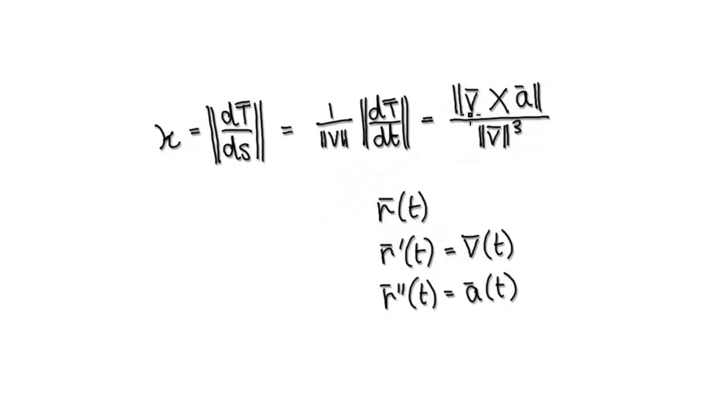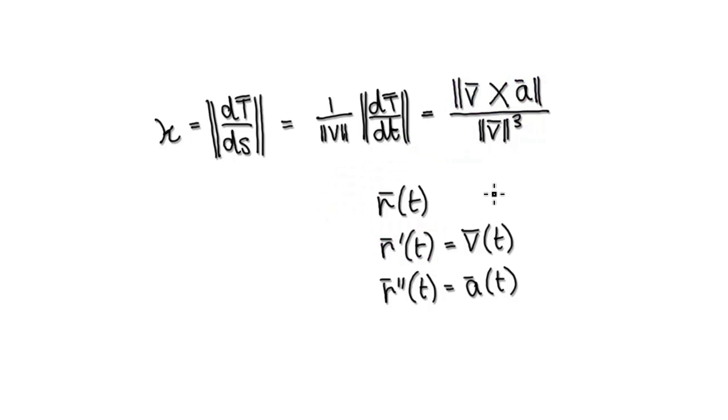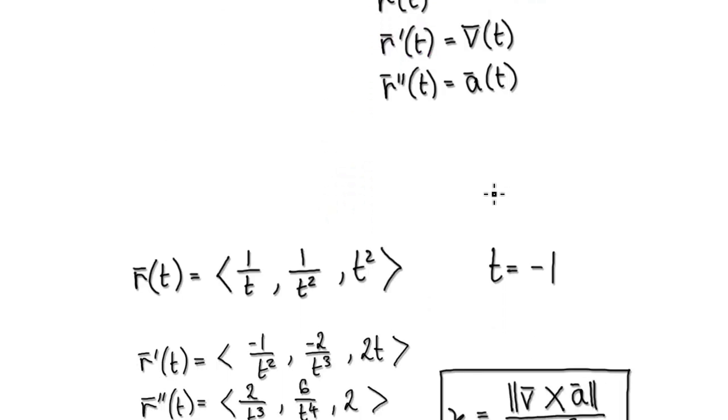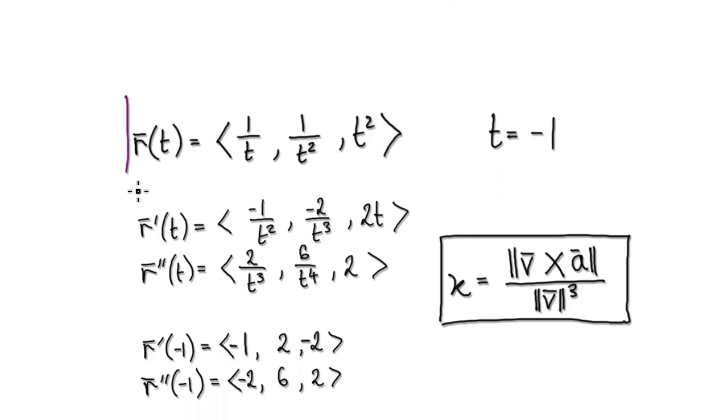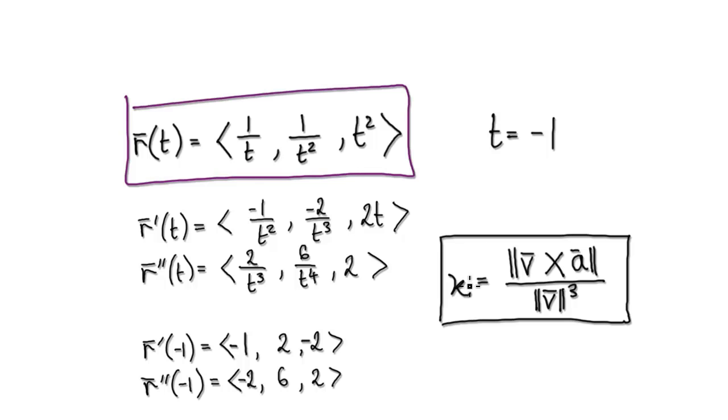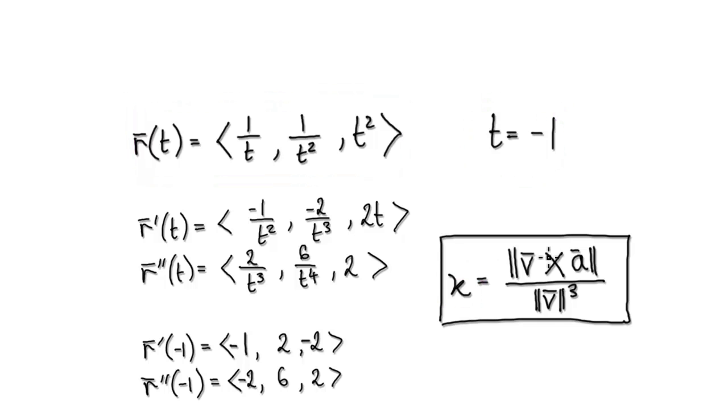Well, let me give you a demonstration. Here the example is this. So we've been given this position vector here. We want to work out the curvature at time equals -1. So we will need to work out its velocity and its acceleration.